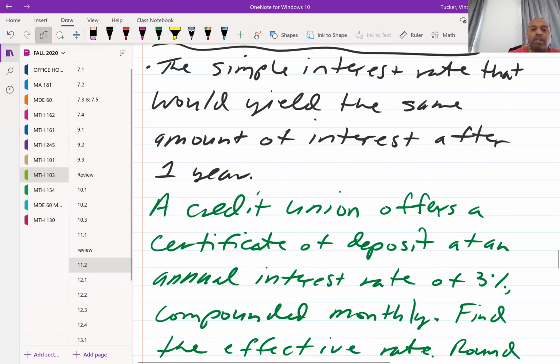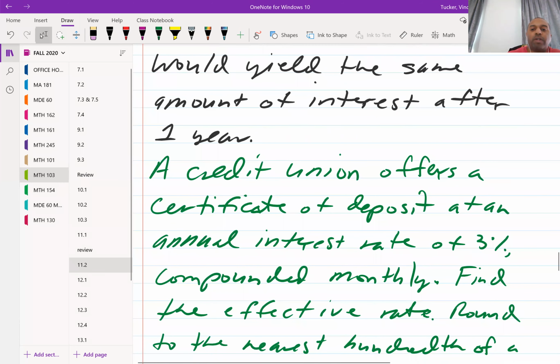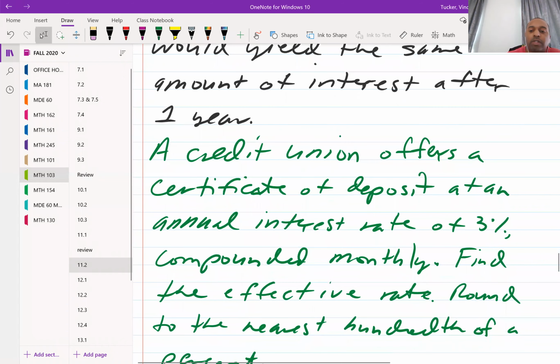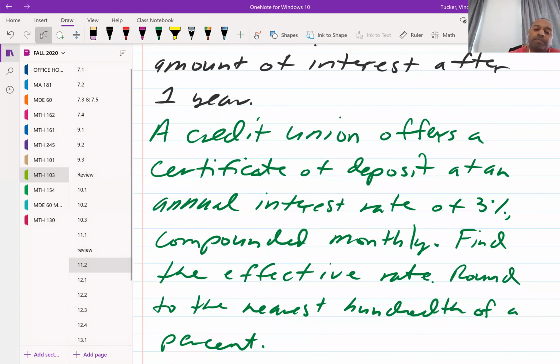So a credit union offers a certificate of deposit, CD, at an annual interest rate of 3% compounded monthly. Find the effective rate and then round to the nearest hundredth of a percent.